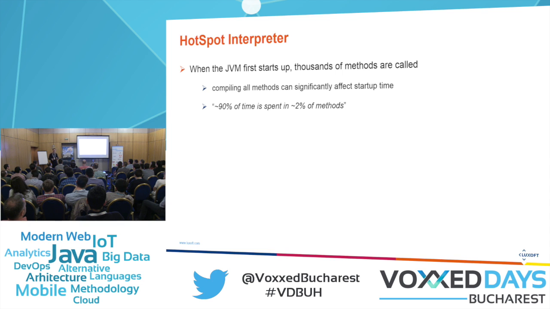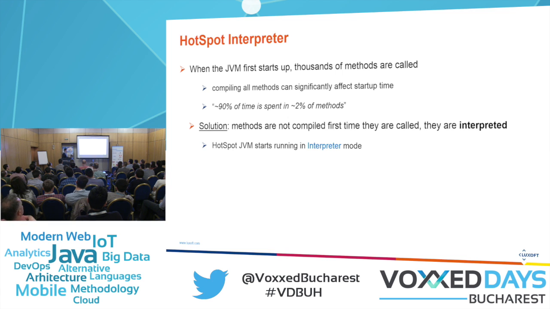That's why it doesn't make sense to compile all of them, because we would have during the runtime a very big footprint, a very big code cache size, and we'd spend a lot of time on startup. That's why the solution is to focus only on what is worth focusing on. I mean only on those methods that are frequently called and used, and initially start in interpreter mode.